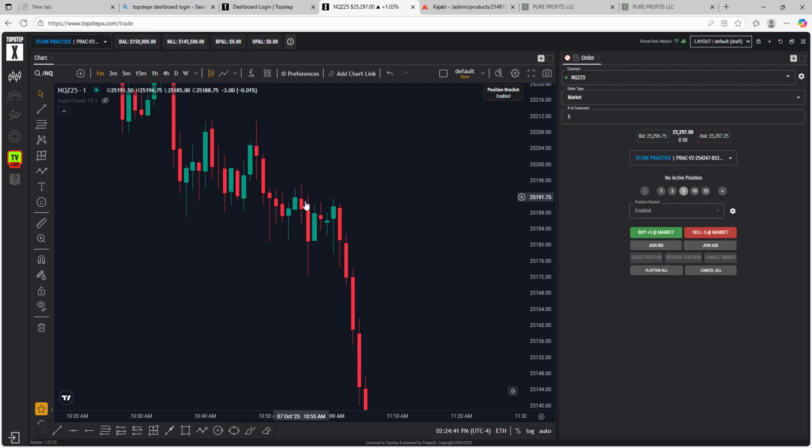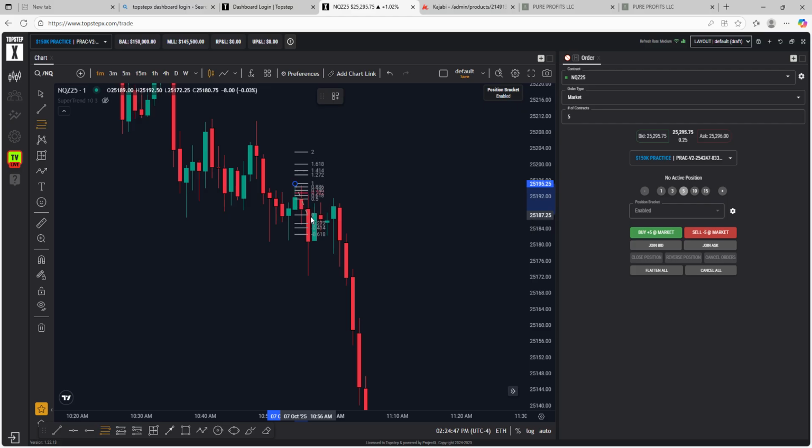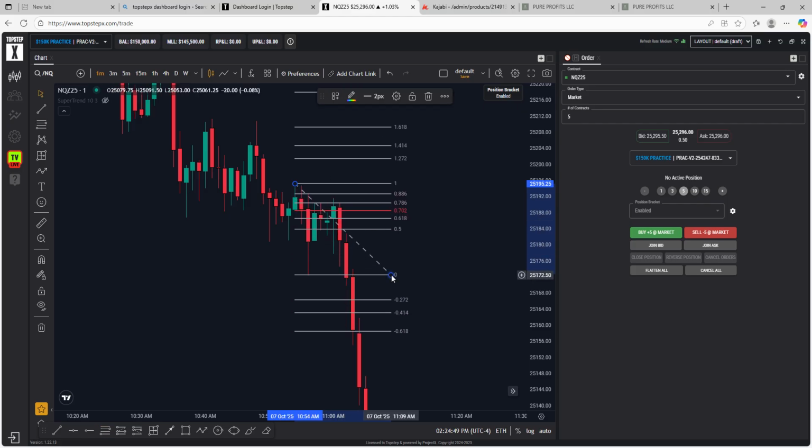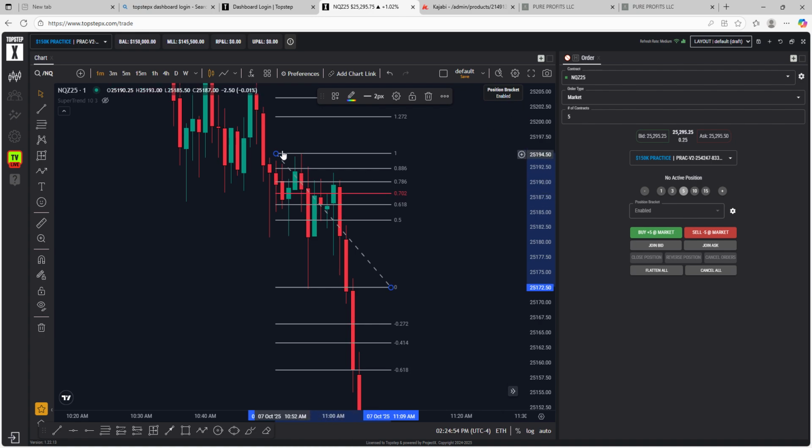Wouldn't even have to mark that up. Let's look right here, right? Lower high, lower low. Cool. Draw my fib. Identify my IC, right? We know structure is going down. Identify my IC candle.